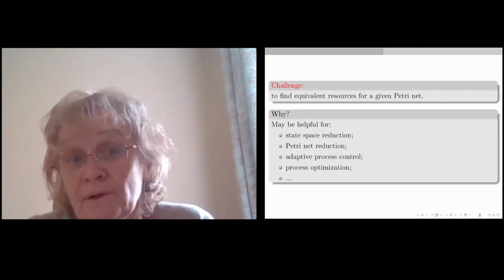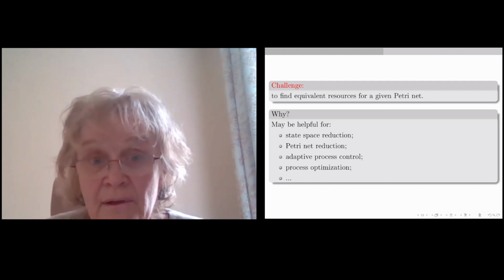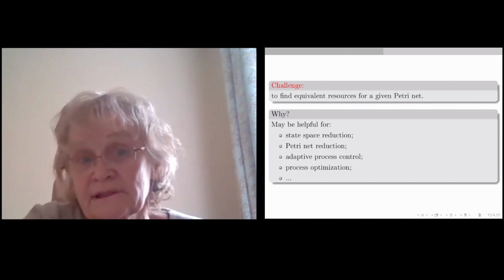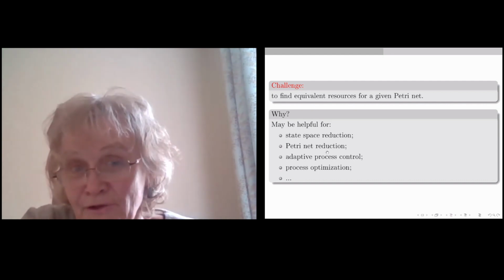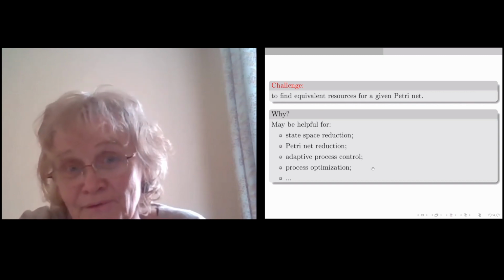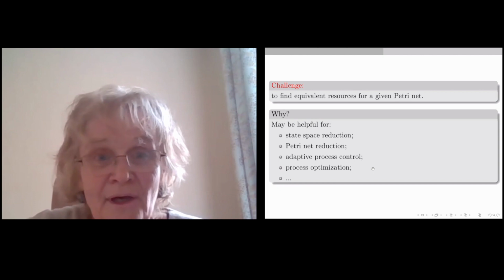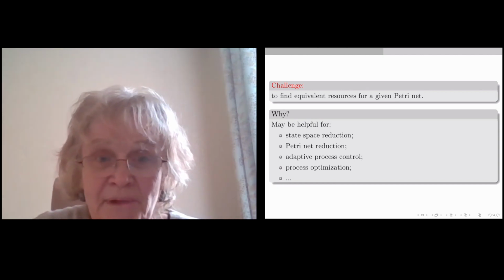So why do we need it? Of course, we can use it for state space reduction, for reduction of models, for adaptive control, and so on.